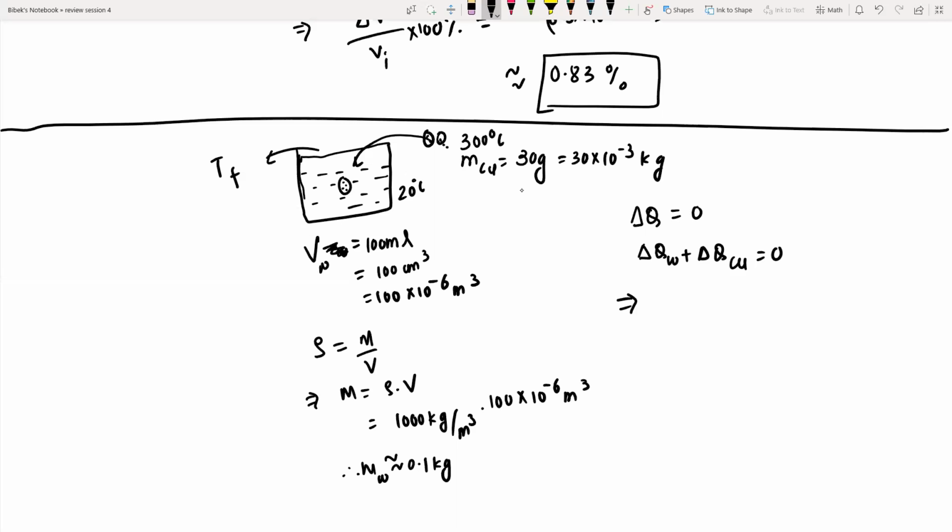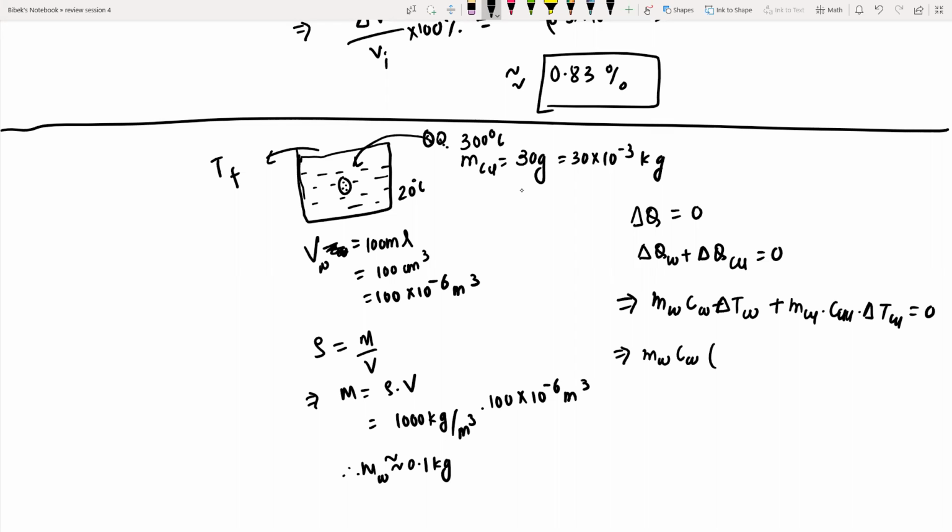So the delta Q for water is given by mass of water times specific heat capacity of water times delta T of water, the change in temperature of the water. And for copper it is mass of copper times specific heat capacity of copper times delta T of copper.